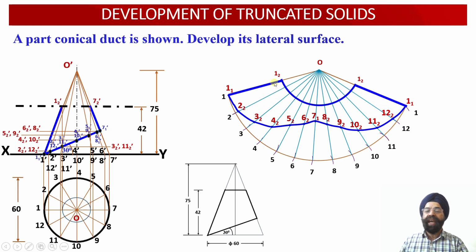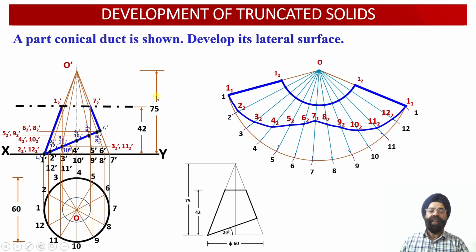So we can now join the remaining uncut portion over here corresponding to the slant generator. This will be 1 2 dash and 1 dash over here. So here in the developed surface, we are going to join 1 2 with 1. Here also we have joined point 1 2 with point 1 or point 1 1 over here.